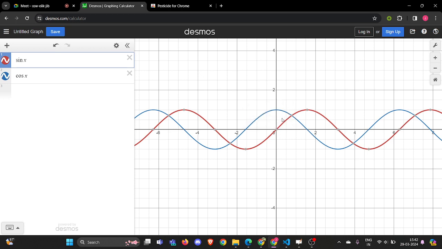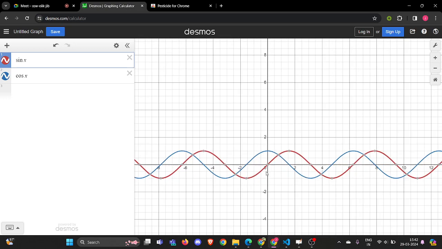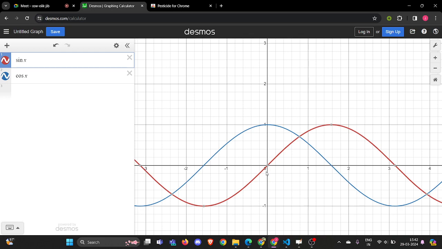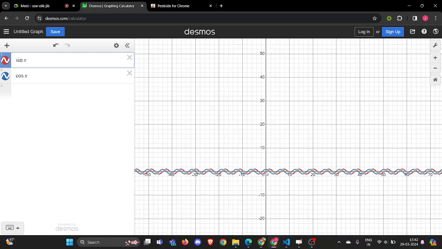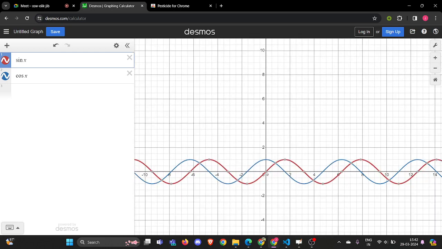If you shift the left graph a bit left, you'll get it. Which graph is faster? It's the same graph. How can I say faster? It's the same thing, just one is shifted left or right, whichever perspective you want to see it like. The nature of the graph is the same, but one is shifted.